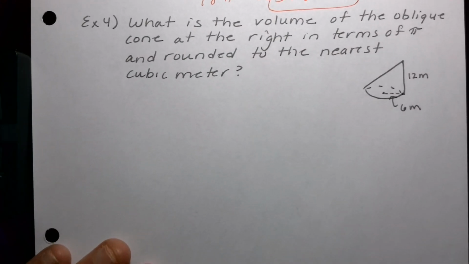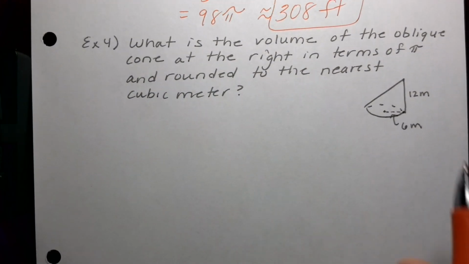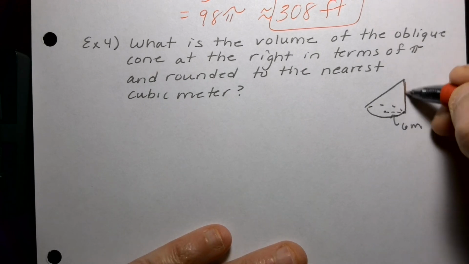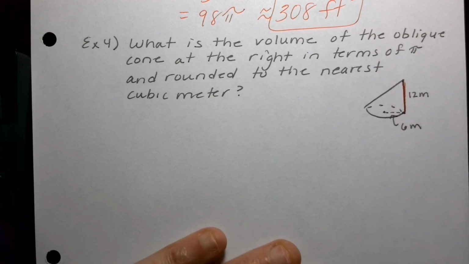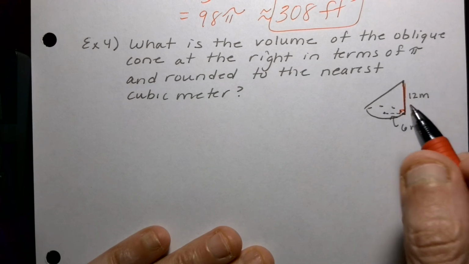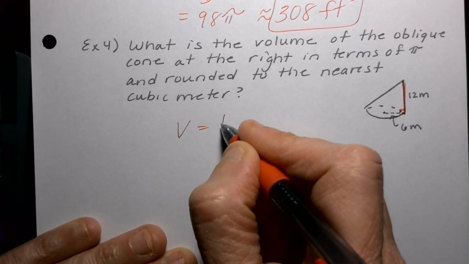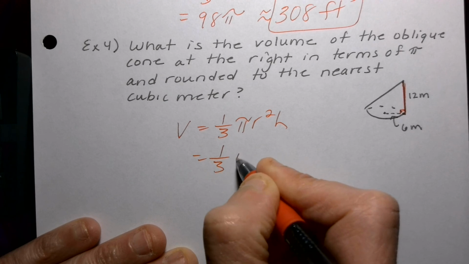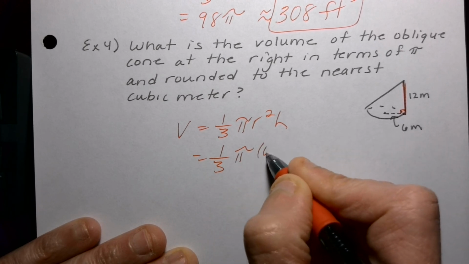All right, last one. Volume of an oblique cone. So it's angled off to the side, although mine doesn't really look like it. But they actually gave you this side, which is also perpendicular to the bottom. So that side actually is the height in this case. So I'll put my formula down. Radius is right here at 6.